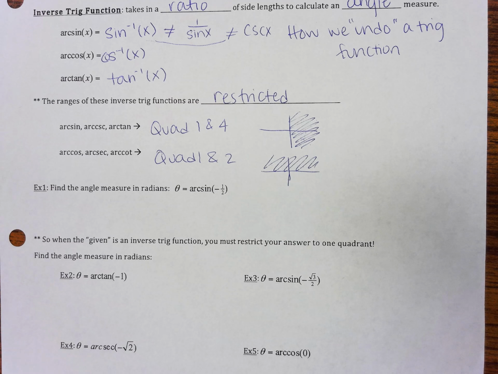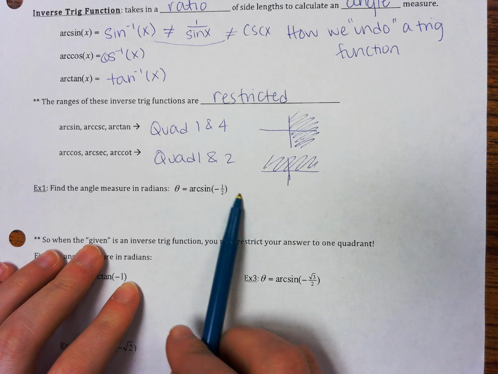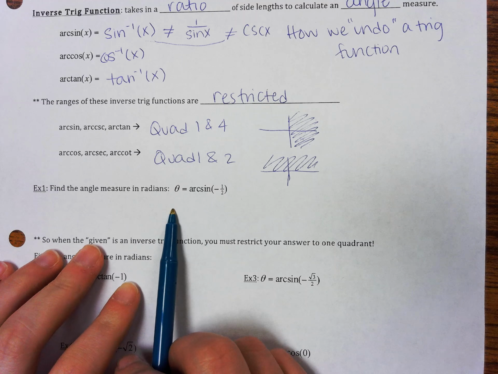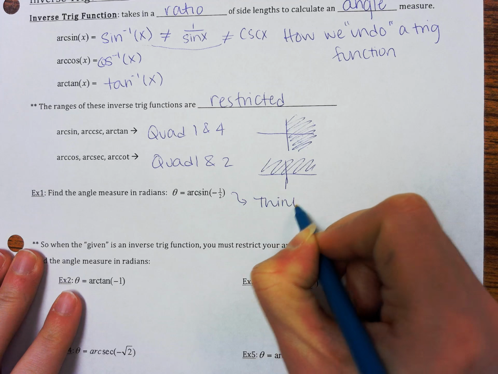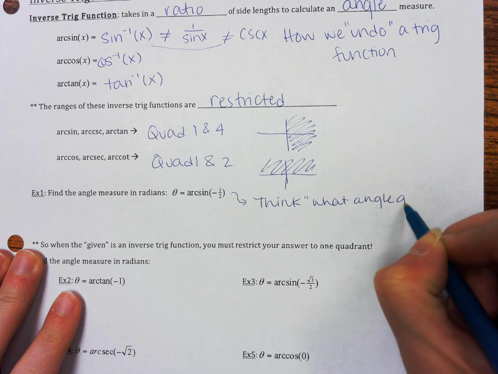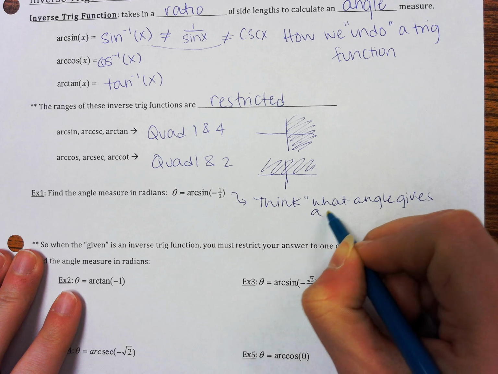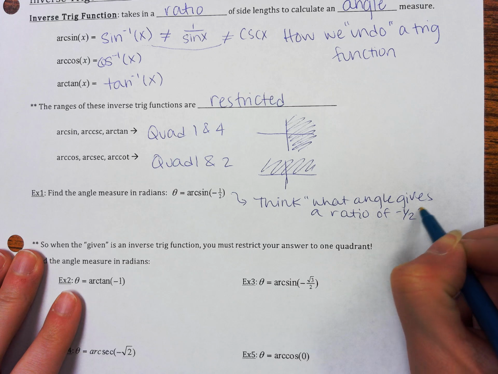Back when we did this the first time, we were finding the angle measurement in radians of theta, given that the arcsine is negative 1/2. The way we thought about this before was, what angle gives a ratio of negative 1/2?